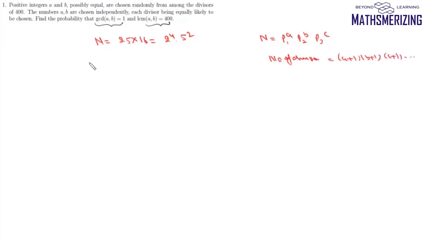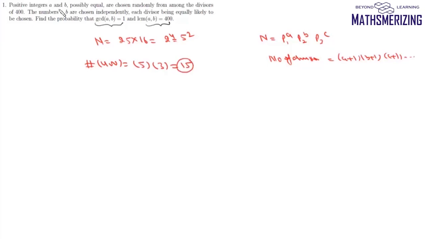So in the case of 400, the number of divisors is 4 plus 1, which is 5, and then 2 plus 1, which is 3. So in total we have 15 divisors of 400.